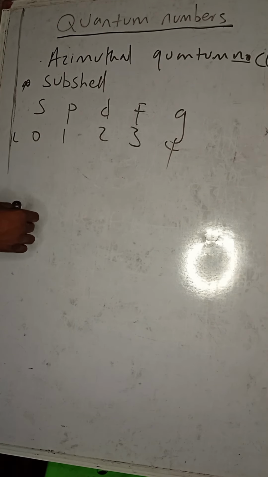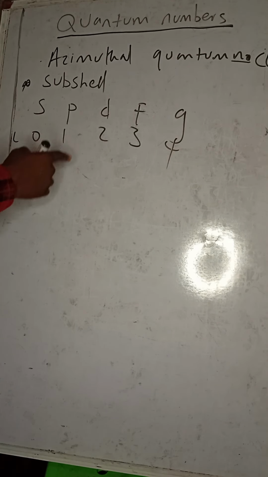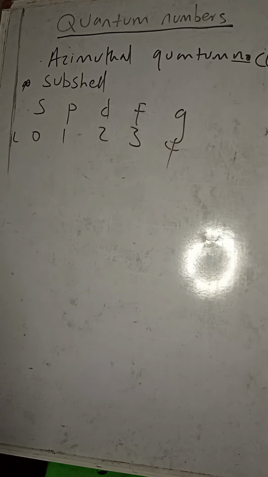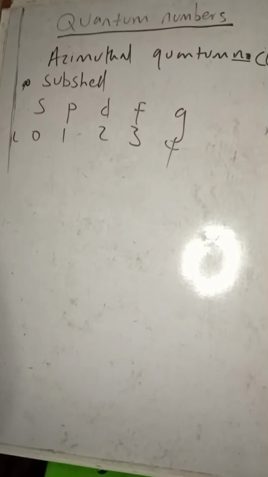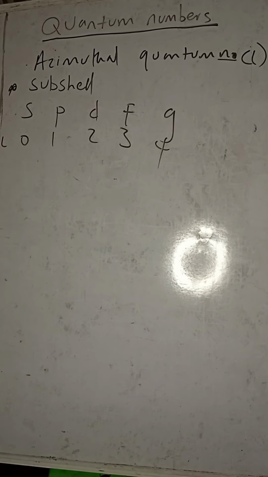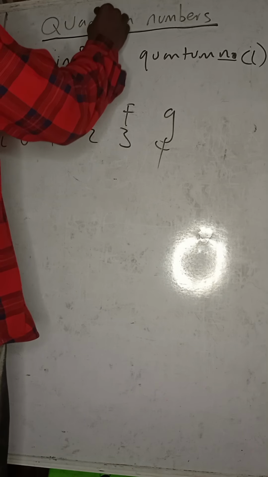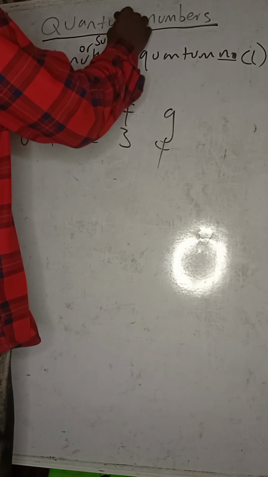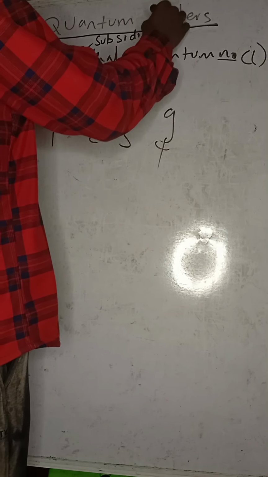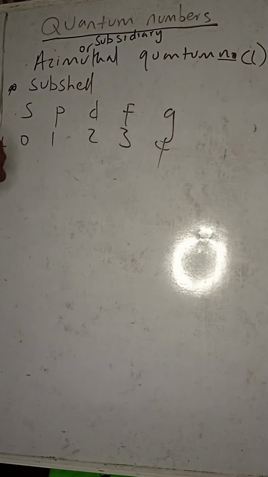It should be noted that the azimuthal quantum number is also known as the subsidiary quantum number, or the angular momentum quantum number.